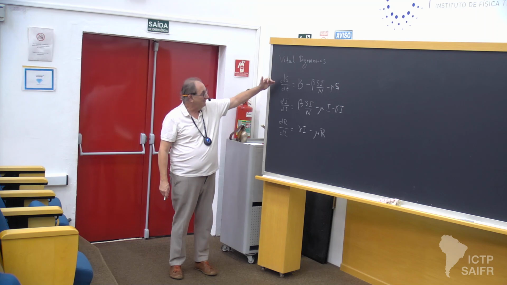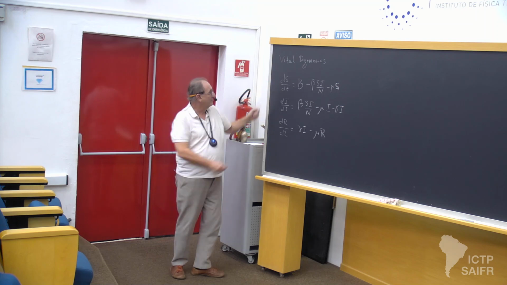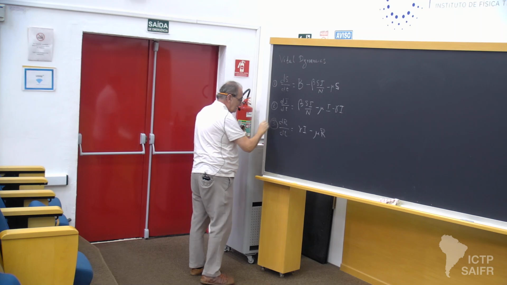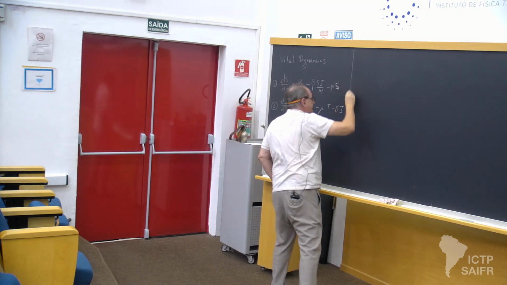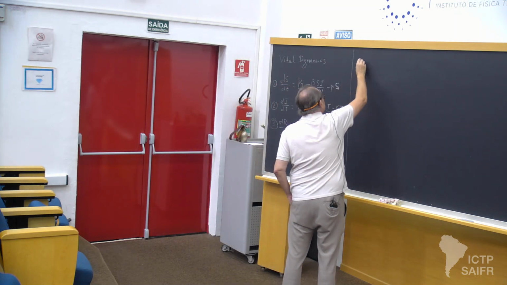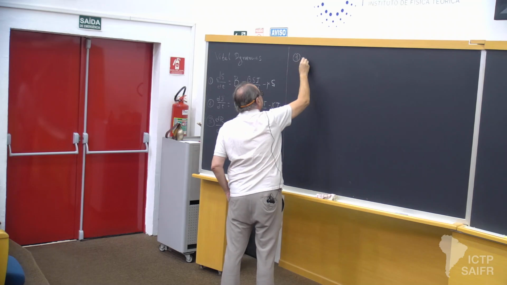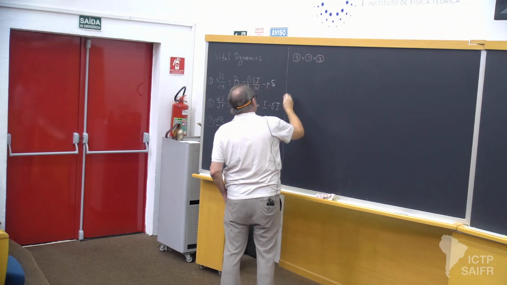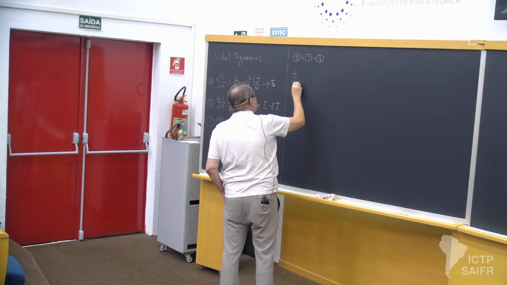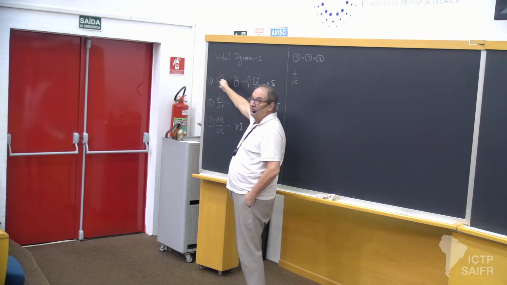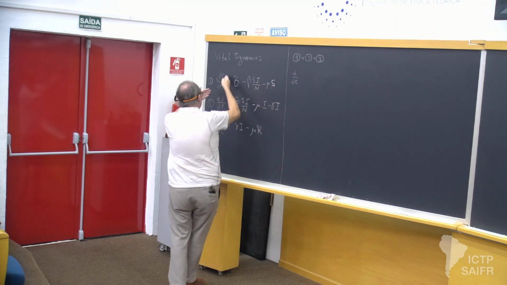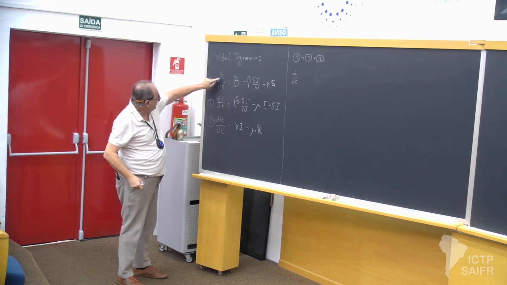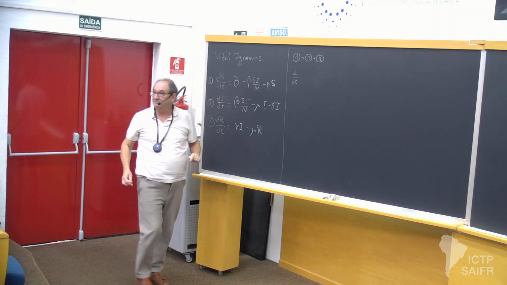So, but we still want the population to be constant. So I can sum everything here. I sum equation 1, equation 2, equation 3, and I will get d/dt on the left hand side of S plus I plus R. Okay?